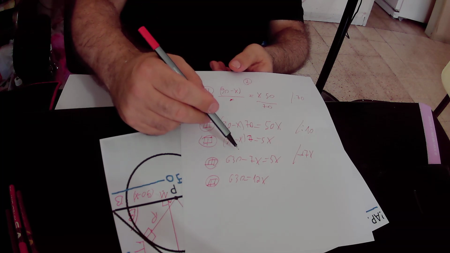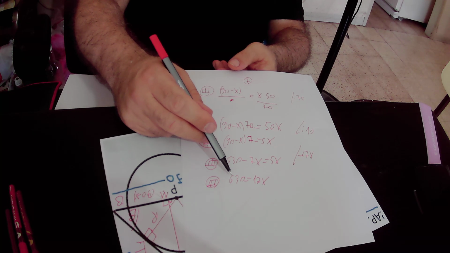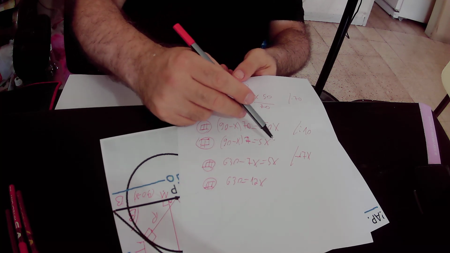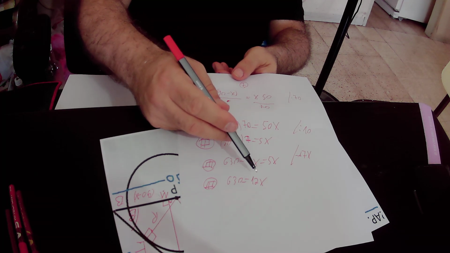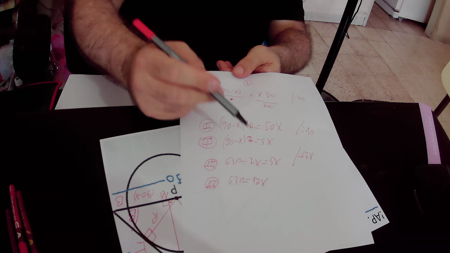So 630 minus 7x plus 7x equals 630, and 5x plus 7x equals 12x. Now we will divide both sides of the equation by 6.